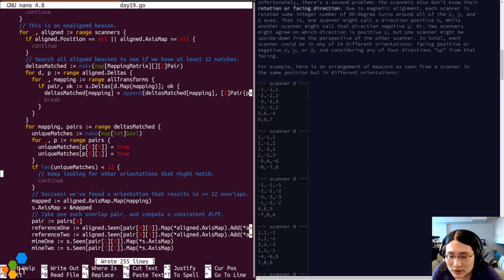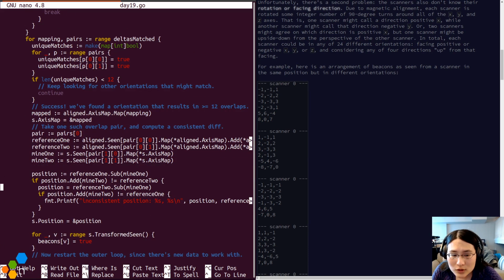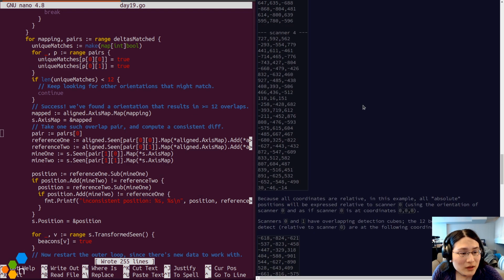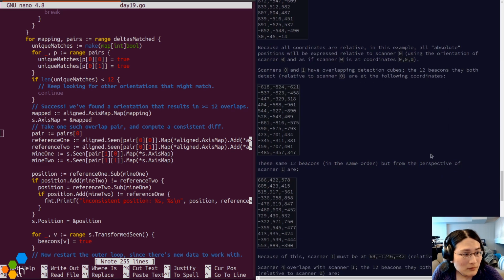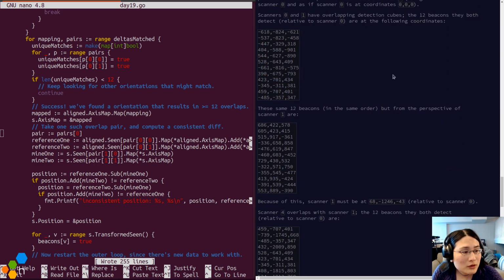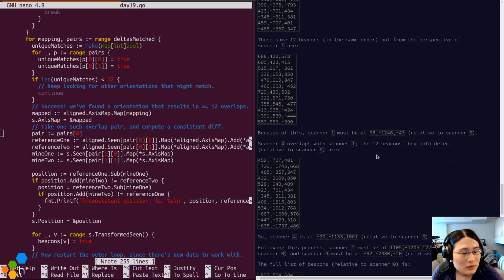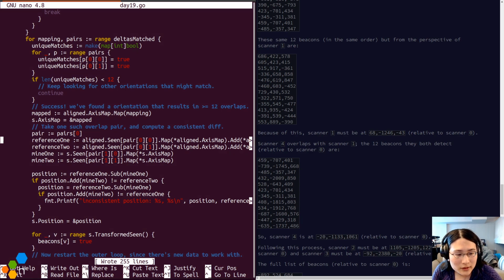Okay, so for the example, scanner 4 overlaps with scanner 1, and they have 12 beacons that they both detect relative to scanner 0.